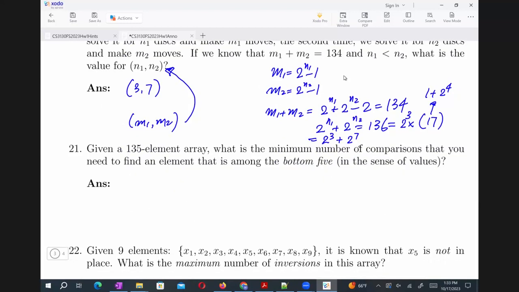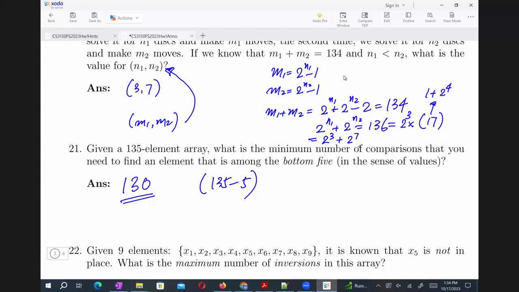Number 21, the answer is 130. But still, quite a few students missed that one, 4 or 5 students. It is just 135 minus 5. When we do elimination and comparison, every time we eliminate 1. After 130 eliminations, there were 5 elements left.